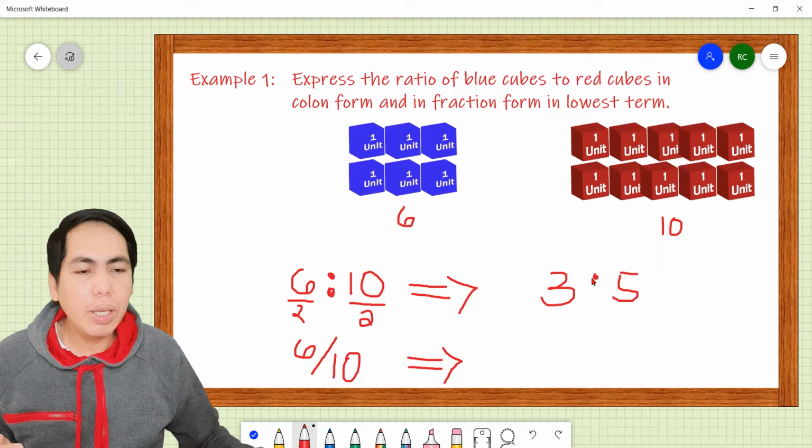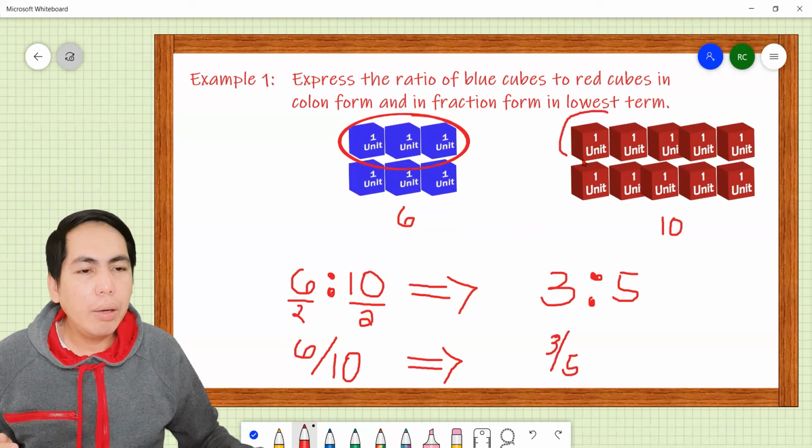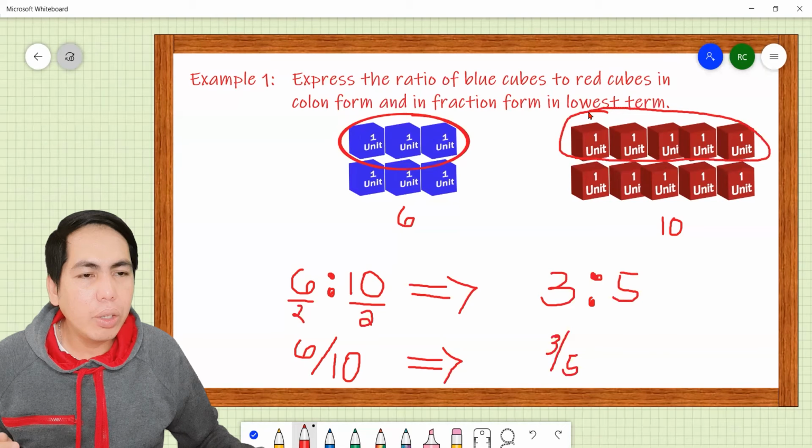So, meaning to say that the lowest term of 6:10 is 3:5, or in fraction form, 6/10 is equivalent to 3/5. So, for every 3 blue cubes, we have 5 red cubes.